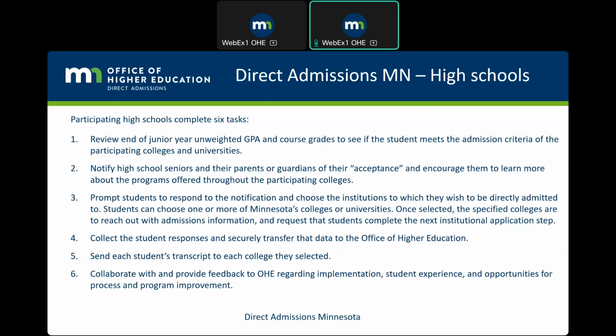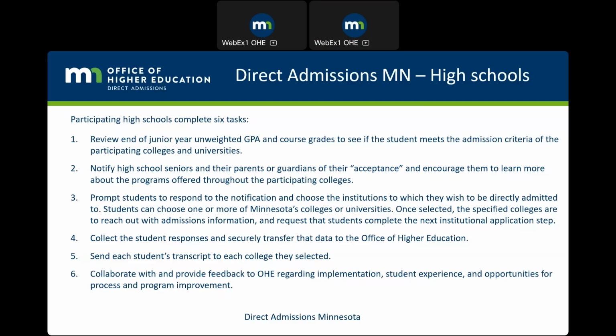Students can choose from among the many institutions on their survey, and then once selected, those colleges will reach out to students with next admission steps after Office of Higher Education securely transfers them that information. For step 5, we do want you to continue to use your local process of sending transcripts to those colleges that students select.